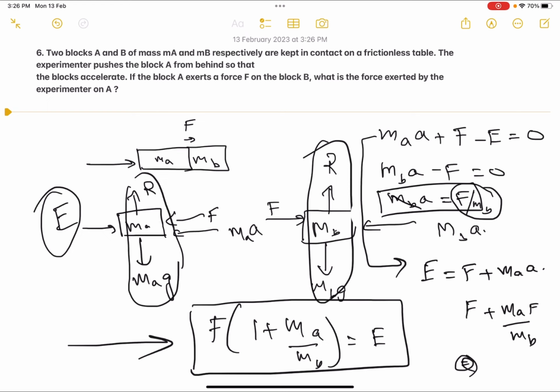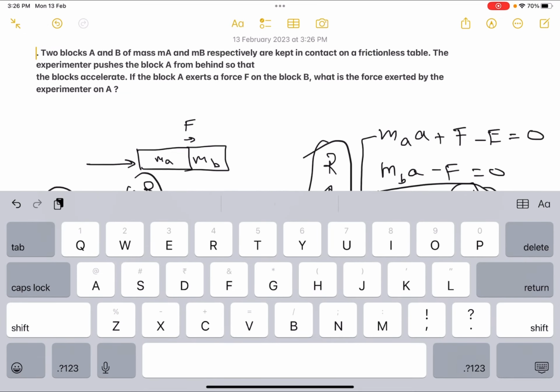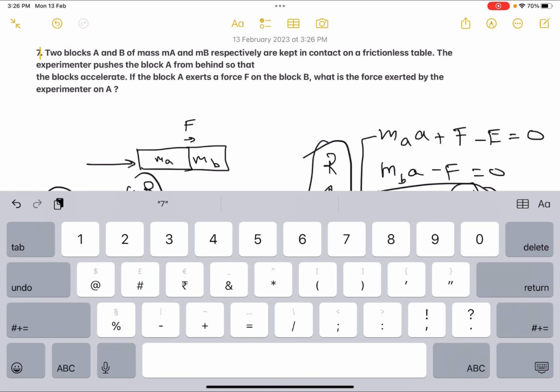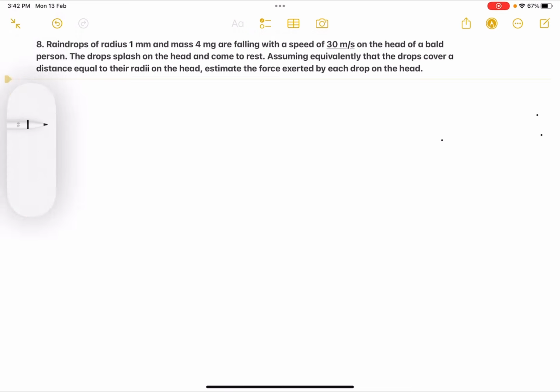Now moving on to the next question. So this was the 7th question in your exercises part. Now let us look at the 8th question here. The 8th question says that we have raindrops of radius equal to 1 into 10 to the power minus 3 meters, because 1 millimeter is 10 to the power minus 3 meters.